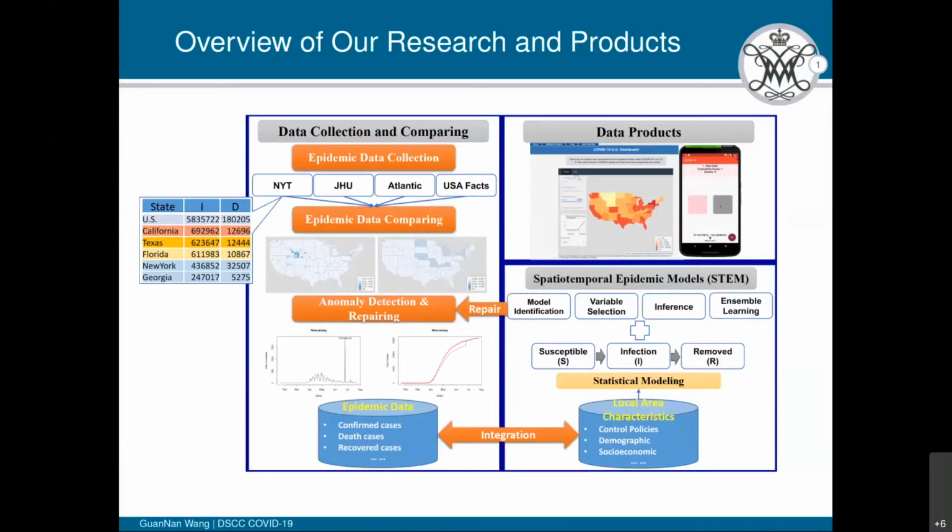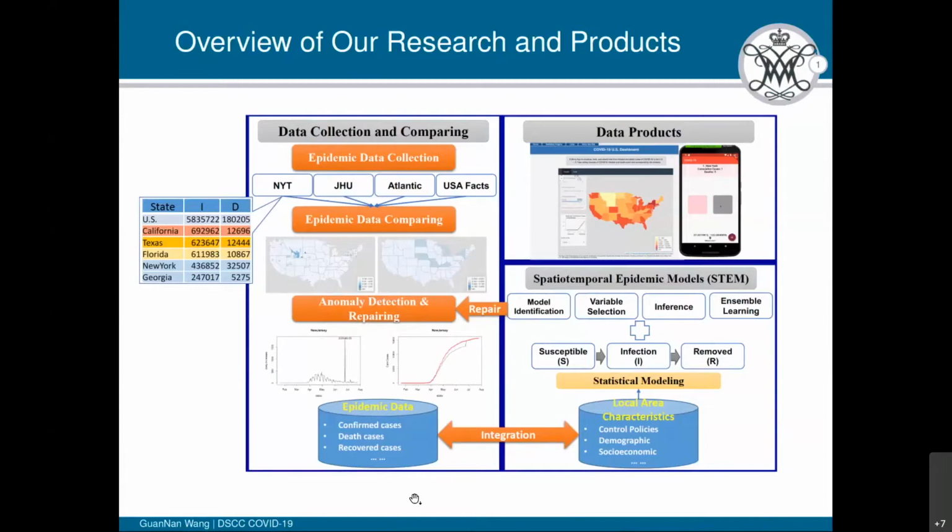The first one is based on the time structure, the second one is based on epidemic models, and the third one is based on our newly developed spatial temporal epidemiologic models. We use all of these 3 different methods to repair our anomalies, and finally, we can get our epidemic database.